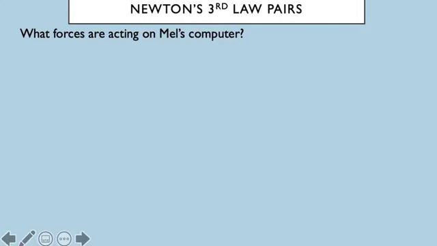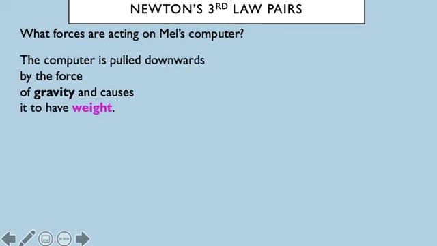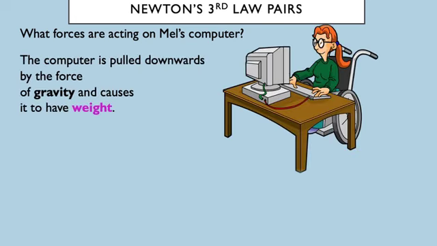So let's show you an example. So here we've got Mel on her computer, and the computer is pulled down by the force of gravity, and that causes the computer to have weight.